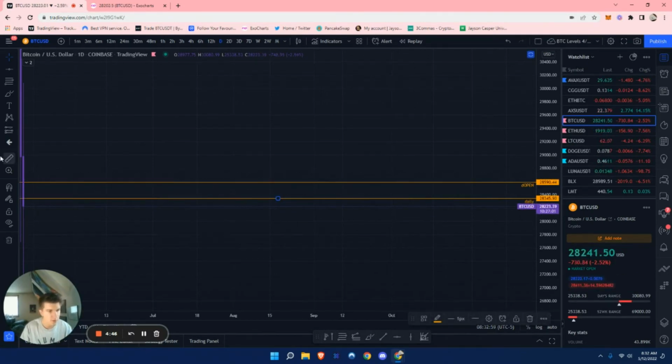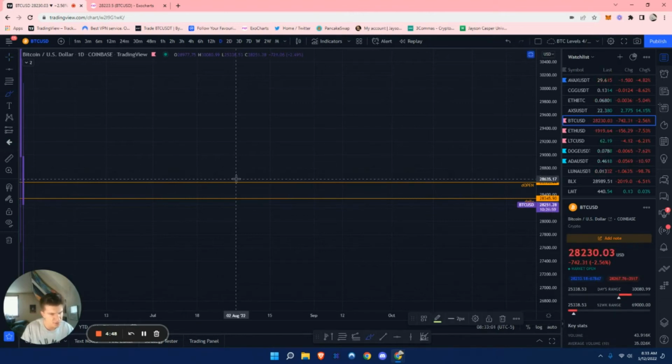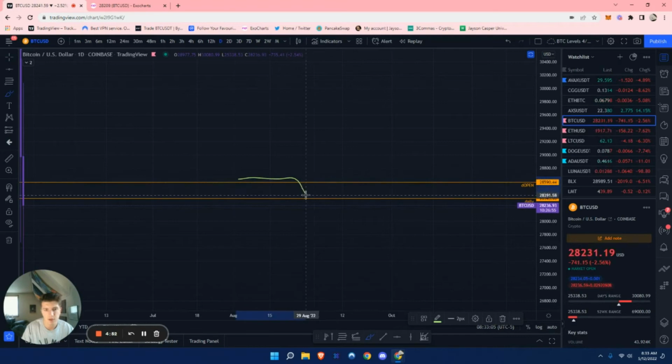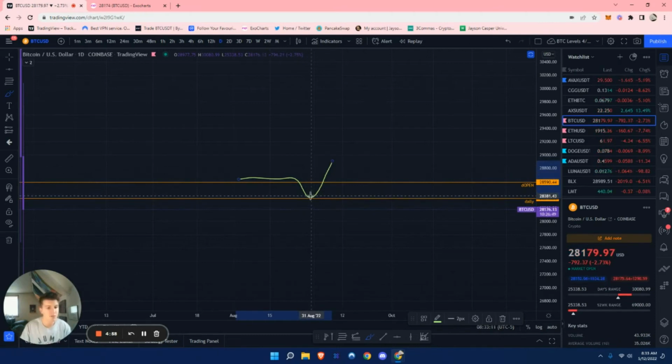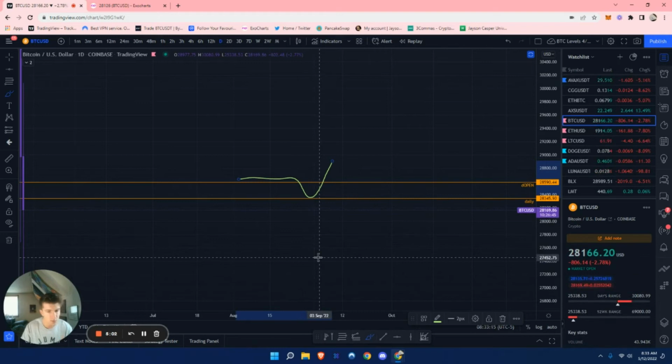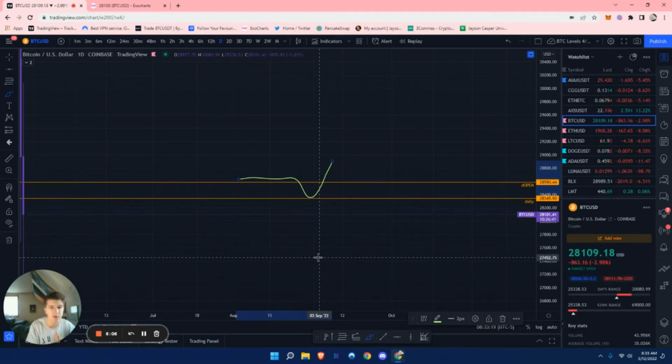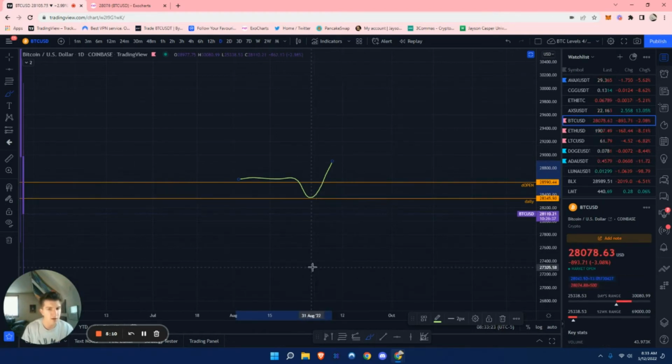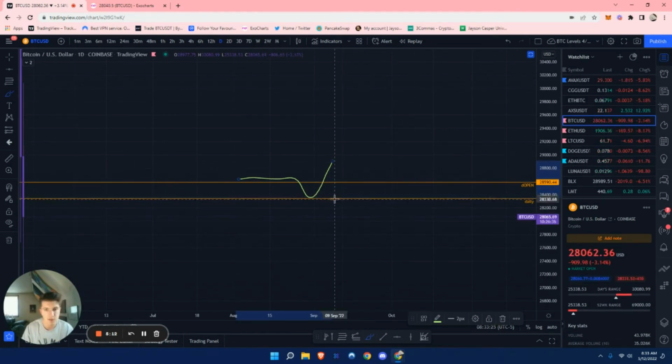Typically what you're going to see is price consolidate around the daily open. It'll come down, and then it will bounce off of a local support level. When it is bouncing, you want to see a good amount of volume backing up that move. What I mean is a good amount of buying volume if you're looking at a support, and a good amount of selling volume if you're looking at a resistance.